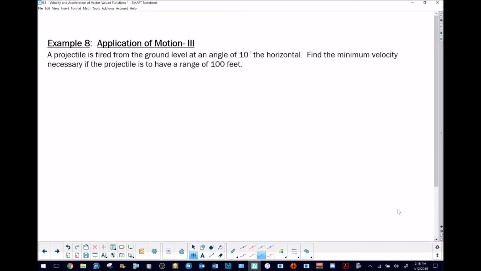We've got a projectile that's fired from the ground level at an angle of 10 degrees to the horizontal. We need to figure out the minimum velocity necessary to ensure that this projectile will have a range of 100 feet. If you look at this from a visual perspective, we're firing something from the left side, and we know that this angle is 10 degrees. But how much force we shoot that object off with is going to have a direct impact on how far it's going to go.